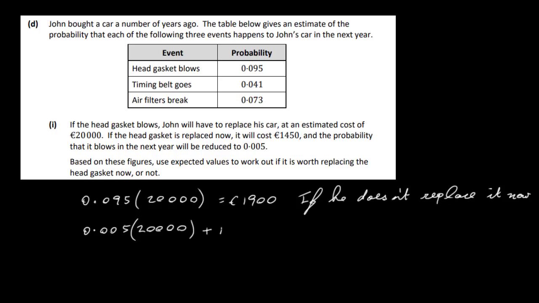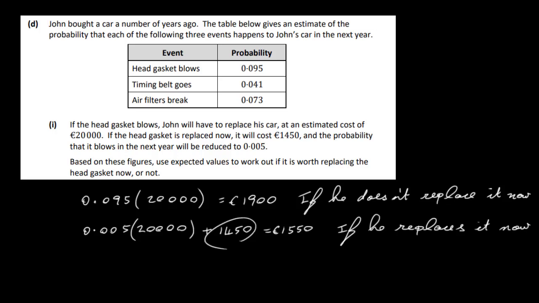So we're going to have to add 1,450 here. If you do that, you get 1,550 euros. So this is if he does replace it. It's going to cost him 1,450 to replace it, but the probability is reduced quite a lot.